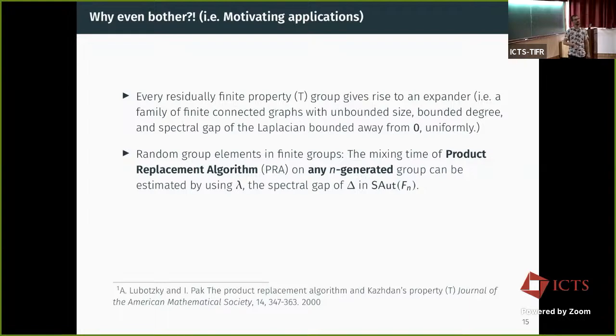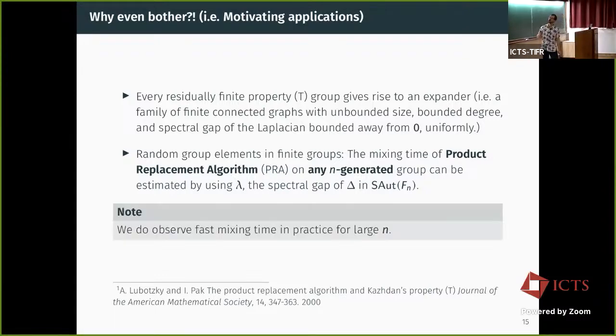Okay? You should maybe ponder this statement a little bit, because there is this one group with one lambda that tells you how quickly all the random walks are going to converge to the uniform one for all finite groups generated by n elements. So this is a very strong, very peculiar statement.